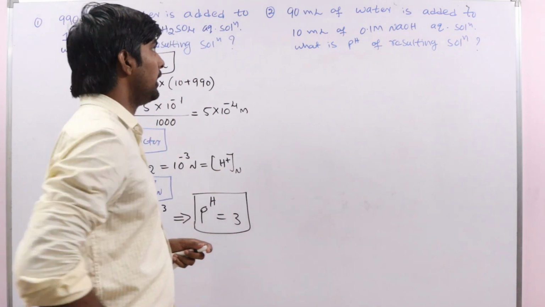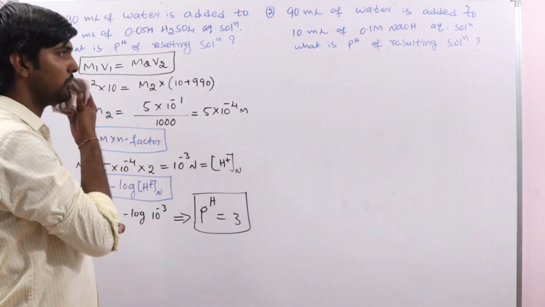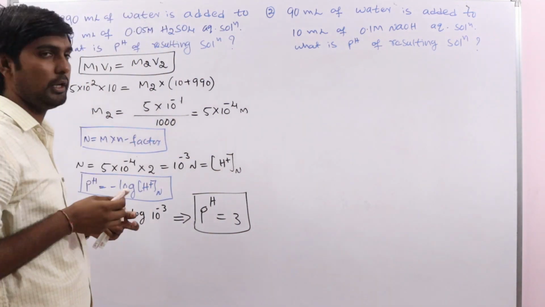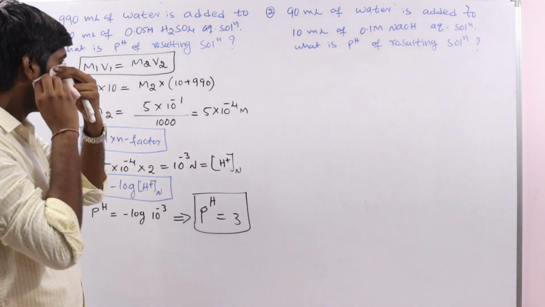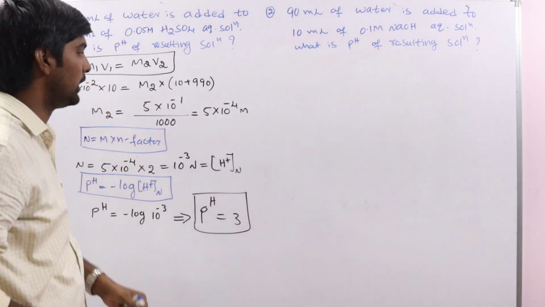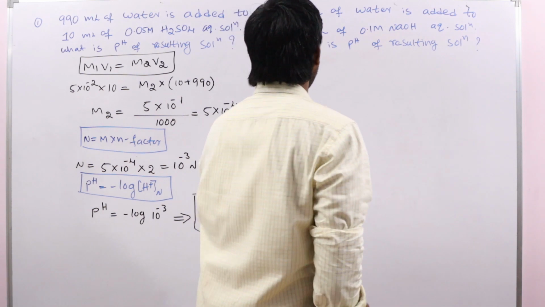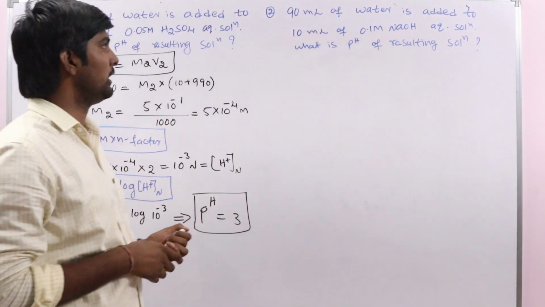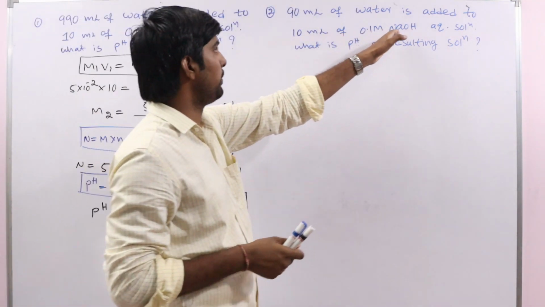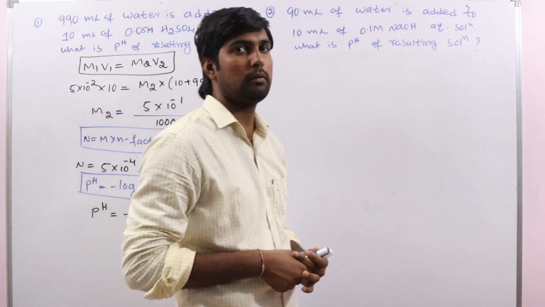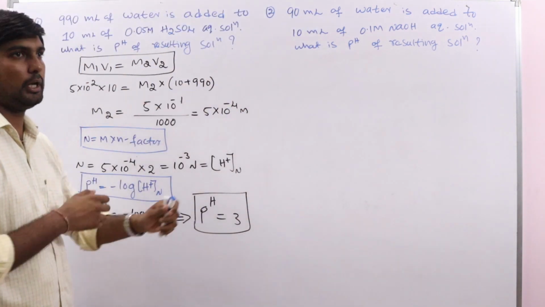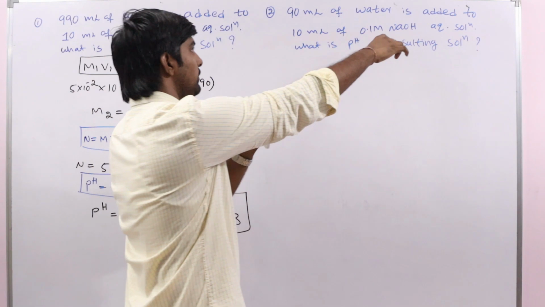Next, 90 ml of water is added to 10 ml of 0.1 molar NaOH aqueous solution. What is the pH of the resulting solution? Same story here also. It is a basic solution.